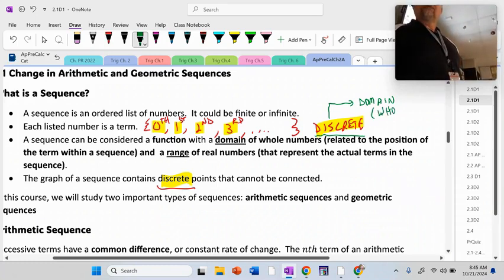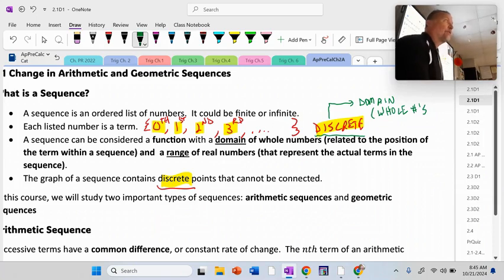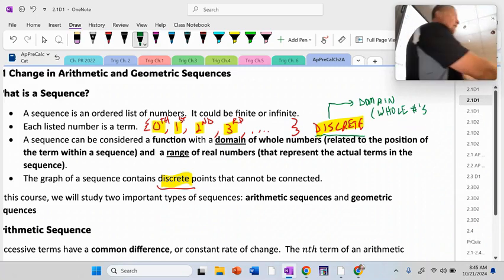What are whole numbers? We used to always start math class every single year with subsets of numbers and what they are. The first set is, nobody cares anymore, natural numbers. That's 1, then 2. That's how humans first started, just counting objects, quantifying them. So 1, 2, 3, 4.